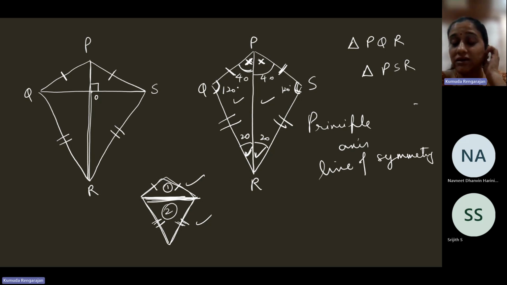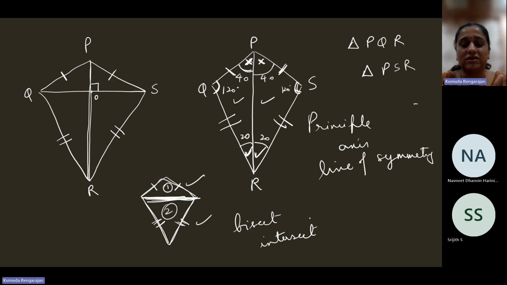Now, one more thing I have to tell you is that the longer diagonal bisects the shorter diagonal. Now, what do we understand by this term bisect? Bisect means cut into two equal halves. Bisect is different from intersect. Intersect means they just meet.